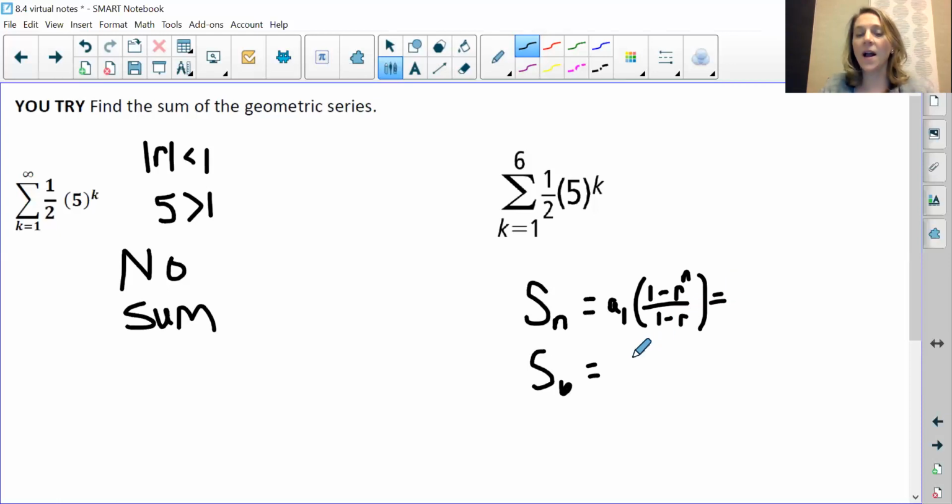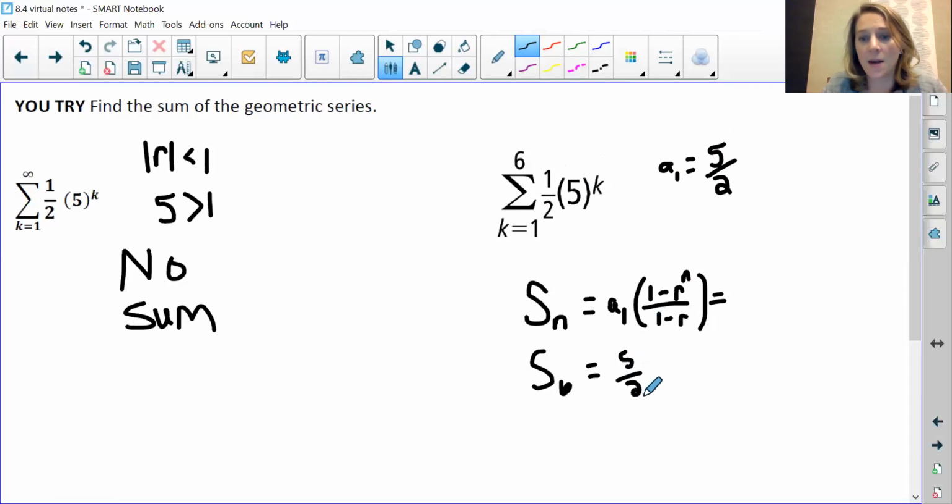All right, so then for us, the first term here, well, how do I find the first term? I have to plug 1 into the formula. And when I say formula, I mean the rule, the terminator, the equation that gives us the term. And so 5 to the first is 5. 5 times 1/2 is 5 halves. So our first term here is 5 halves.